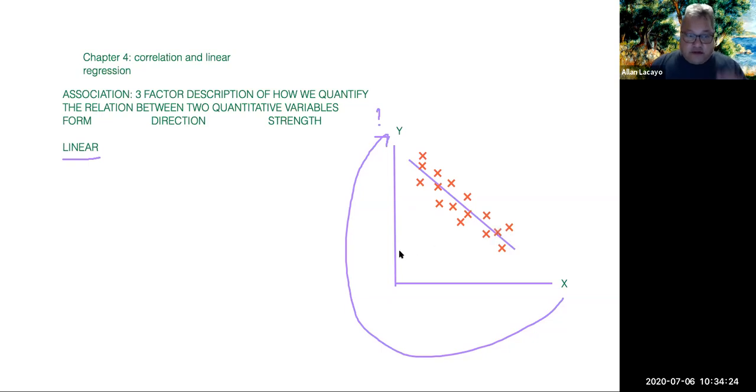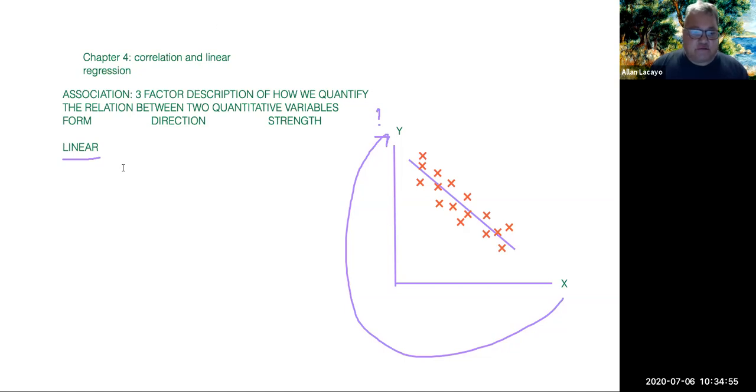So what I've drawn here is an example of an imperfect linear form of data, where you see the x's. You are basically looking at pairs of values where one value of x is paired with another value of y. And the purple line is meant to represent the closest approximation to a mathematical format that actually connects y and x.